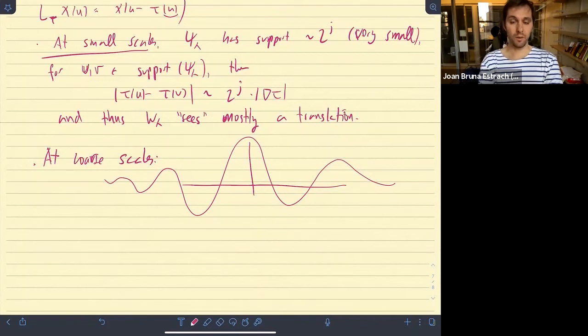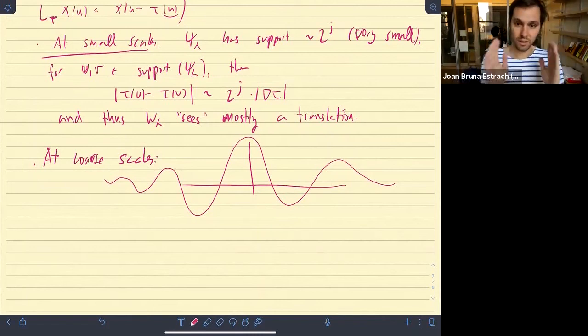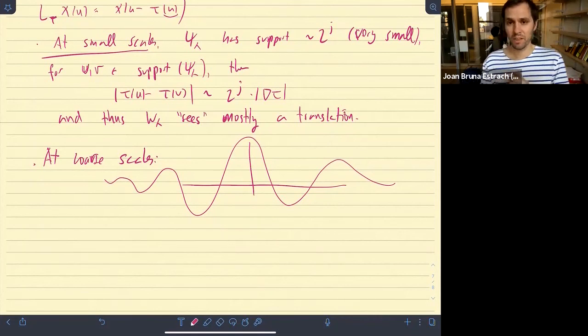If I took a small window, like a Gaussian window, and I moved it in Fourier, and then I applied the deformation, what was the source of problem? The source of problem was when I was trying to put this energy in the high frequencies, because this is where the deformation is becoming more aggressive.